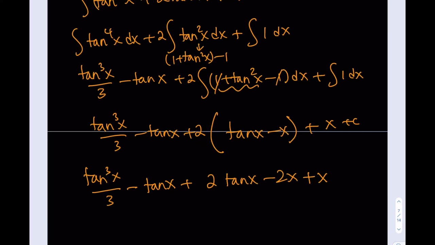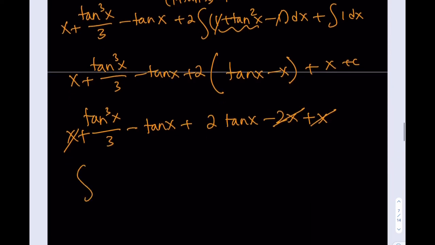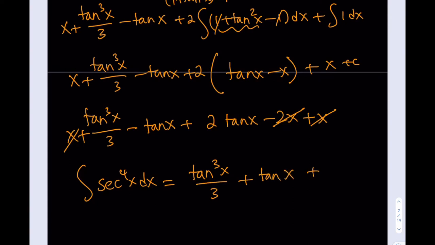In the integral of tangent to the fourth, we also have another x. Sorry about that. Let me add that x real quick. Now this would work. The x and x are going to cancel out with the 2x. Then I'm going to end up with this: the integral of secant to the fourth power of x dx is going to equal tangent cubed x over 3 plus tangent x plus c.